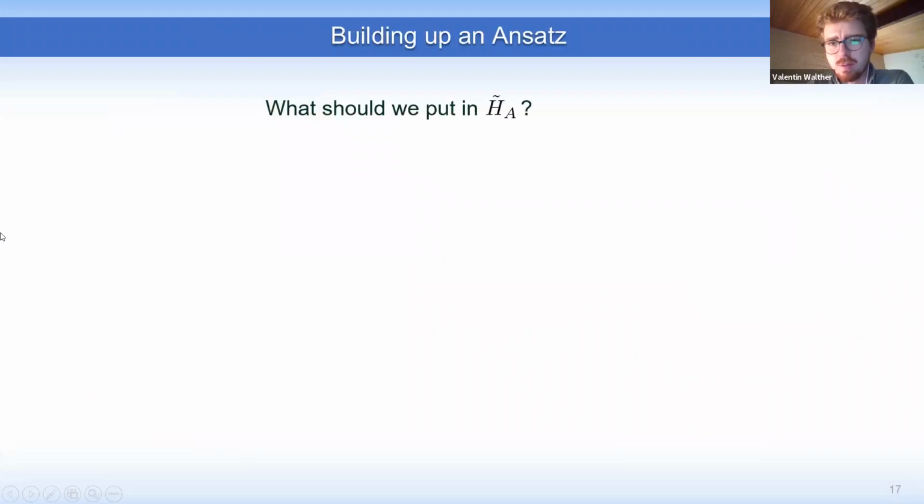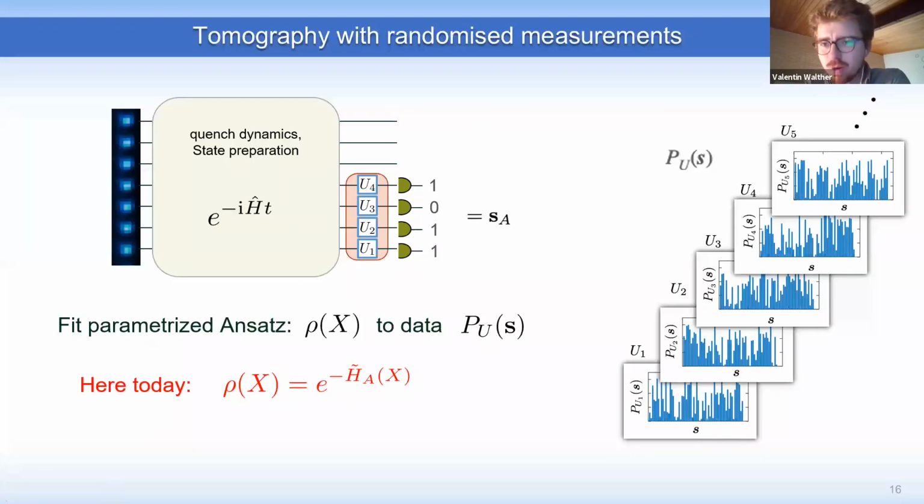Can I just ask quickly, what's the purpose of the random unitaries? Why do you need them? You need to measure in different bases. Maybe that's the most straightforward answer.